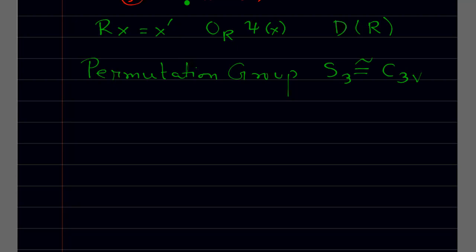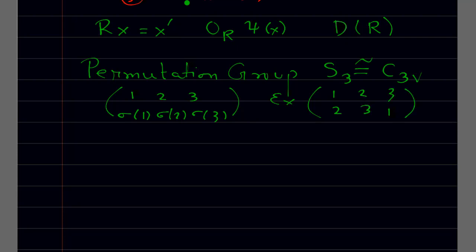So let's see. Permutation group means, say, consider you have numbers 1, 2, 3, and you send the numbers to some different numbers, sigma 1, sigma 2, sigma 3. This is just a representation. What does it mean? Say for example, when you act the permutation group element on these numbers, 1 goes to 2, 2 goes to 3, and 3 goes to 1.